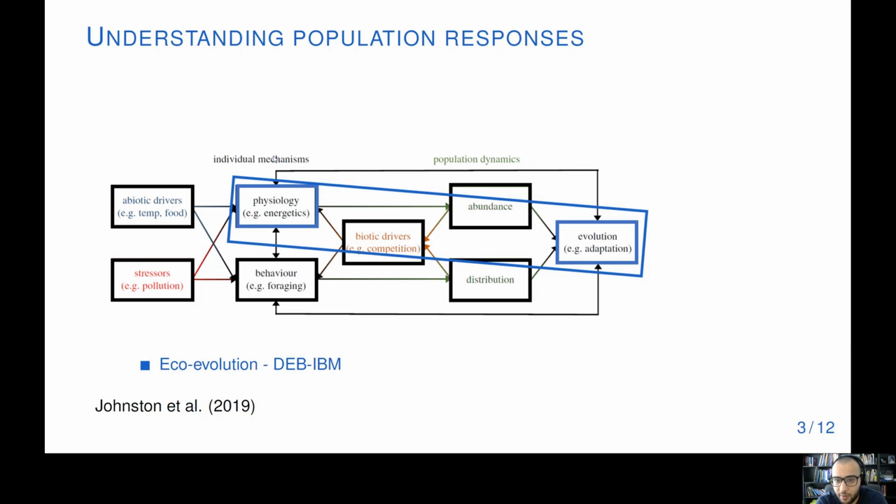However, other mechanisms such as behavior and evolution also need to be integrated for these models to account for the other complexities. More specifically, work on integrating the impact of eco-evolutionary dynamics in these models remains scarce.